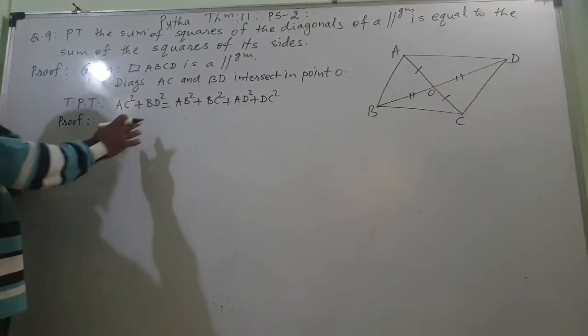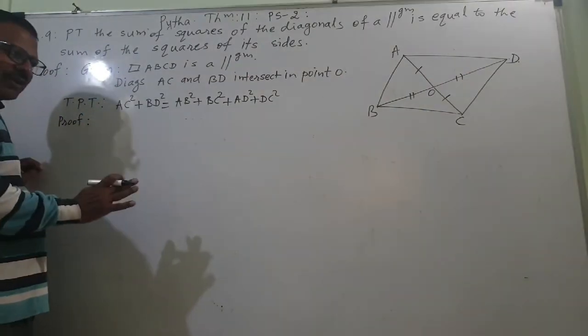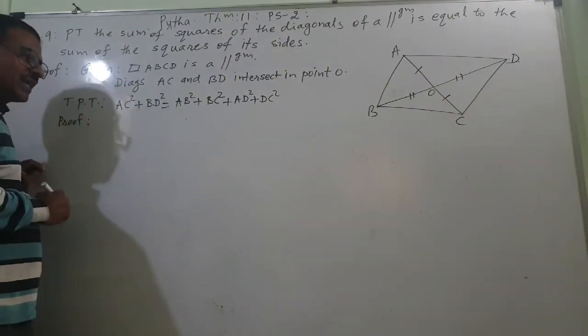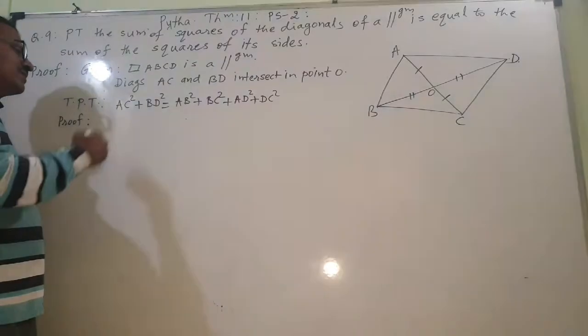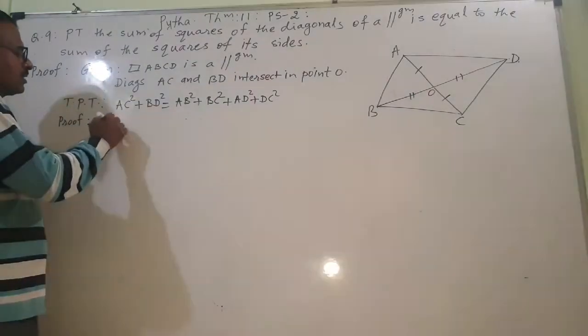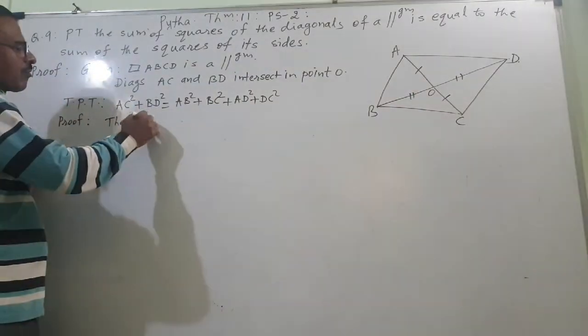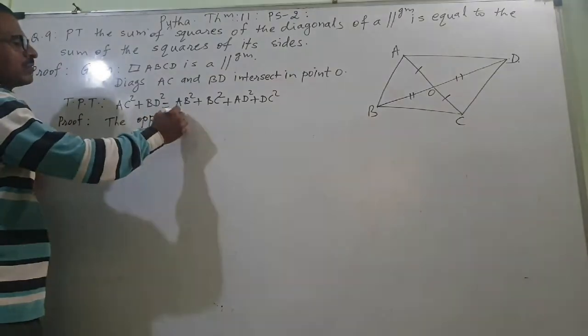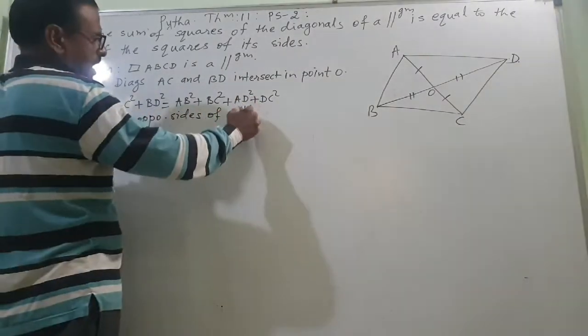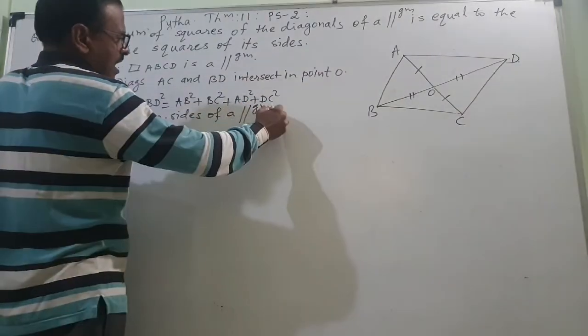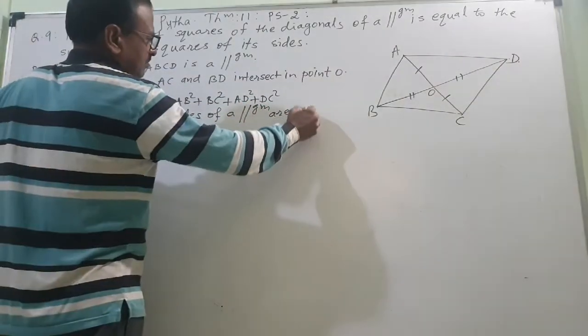The opposite sides of a parallelogram are equal. Then what we will say? AB is equal to DC, and AD is equal to BC. That way, the opposite sides of a parallelogram are equal.